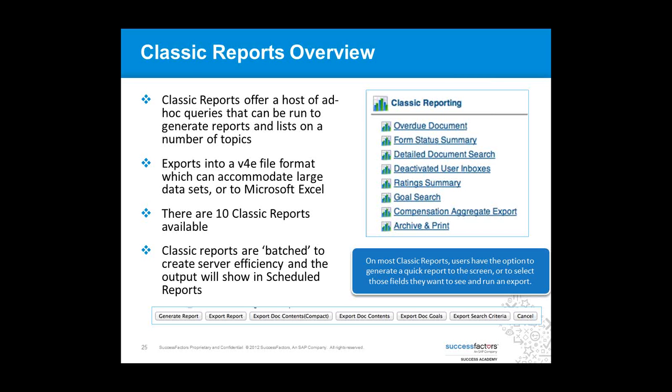The different classic reports include reports overdue, document form status summary, detailed document search, deactivated user inboxes, rating summary, goal search, compensation, aggregate export, archive, and print.